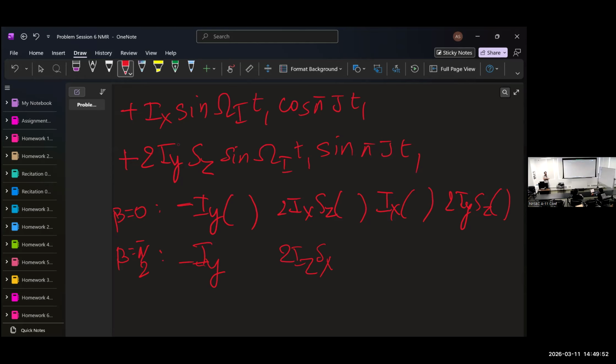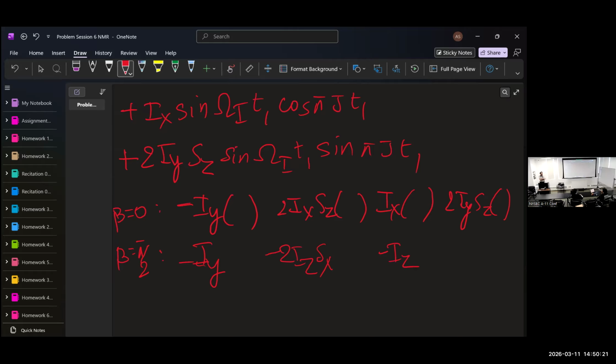With a y rotation, x goes to minus z, sorry, plus x goes to minus z. So that obviously gives you minus Iz over here.